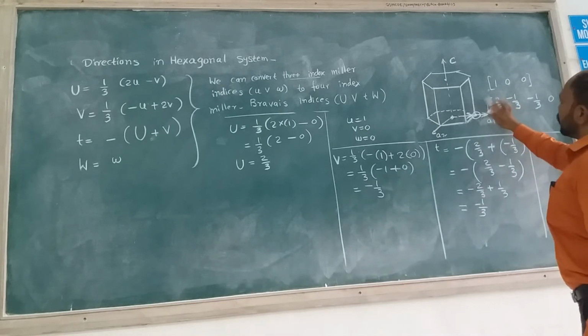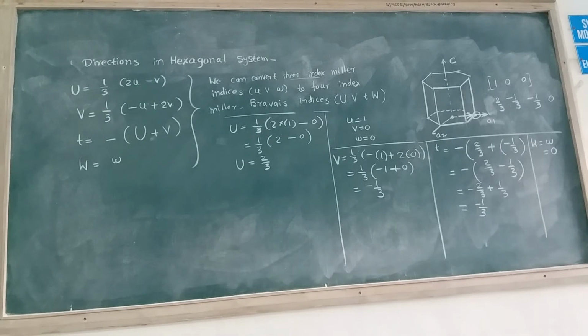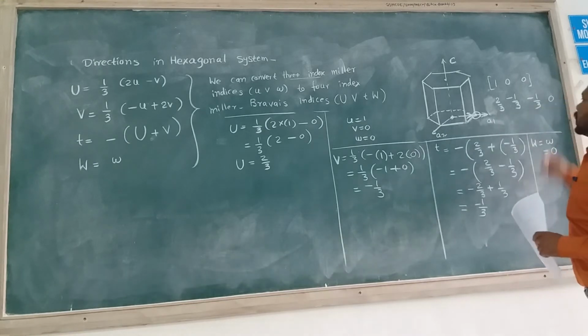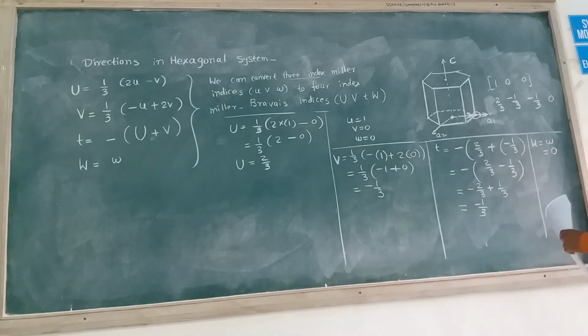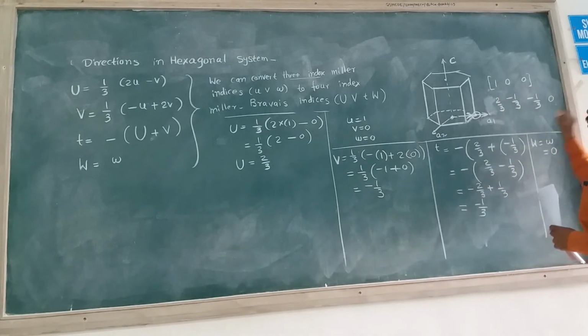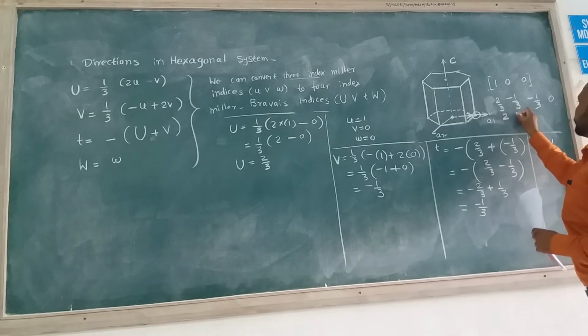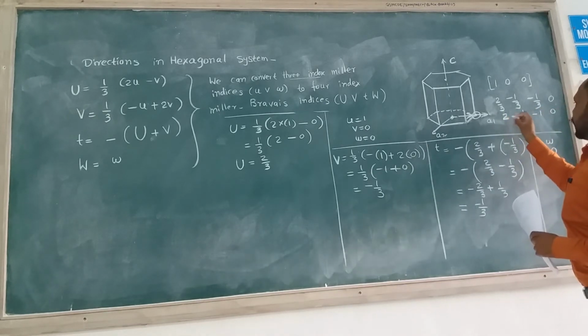Actually, we are getting these intercepts, and this is U, V, T, and W. Now one rule is that we take integral values, so we multiply by 3. Our values become 2, minus 1, minus 1, 0.